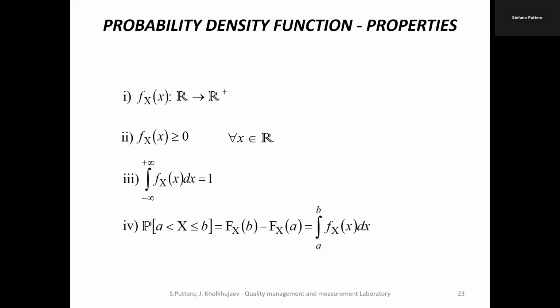The last property says that the probability of an interval, let's consider the interval AB, can be calculated as the cumulative distribution function in B minus the cumulative distribution function in A. Following the definition of the probability density function, that is equal to the integral between A and B of the probability density function, f_X of x.